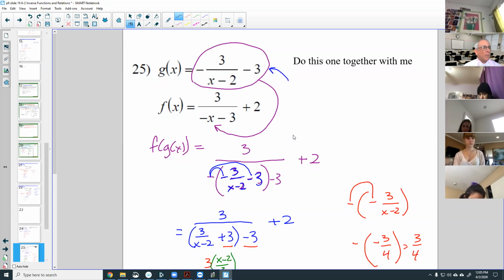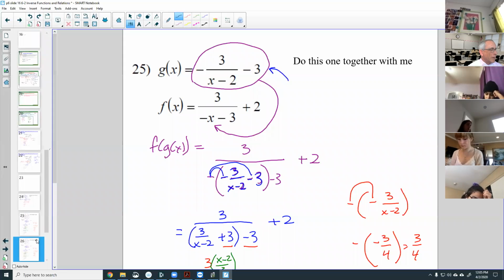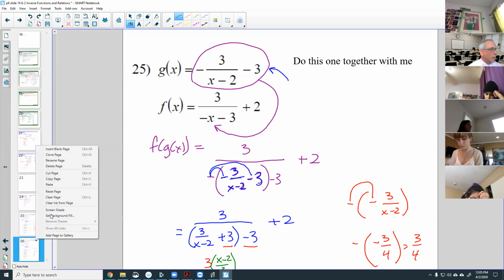So why don't you, yeah, we've got enough time to do this here. Why don't you guys, right here in the group, try doing g of f of x. I'm going to clone the page, and then let's get rid of the ink.